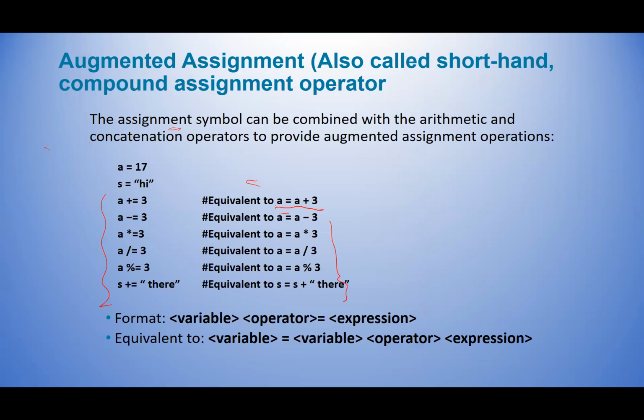That's the sole purpose. You have to remember this. S plus equal there is simply the same as S is equal to S plus there. They're the same. And make sure you know this operator comes first and then the equal sign, the assignment operator. Okay, any questions, everybody?